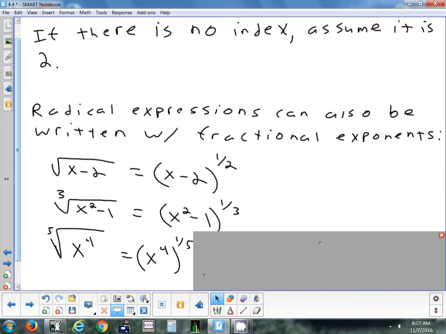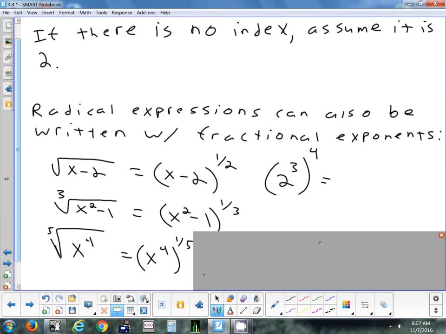Anybody remember what you do? Like if I said 2 cubed, and I said raise that to the 4th. What does that mean to do? Take 2 cubed and do what with it?